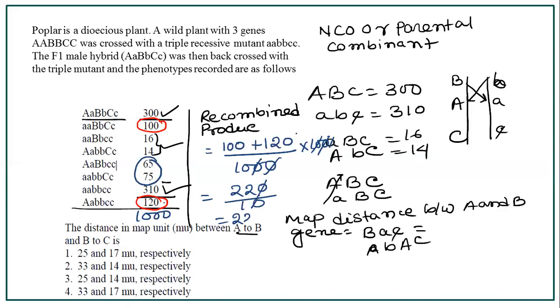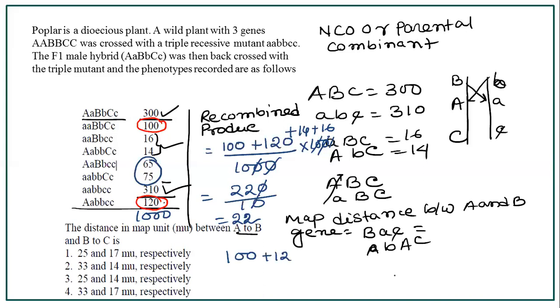Oh, you have to add also the DCO product. DCO combinations are 14 plus 16. You have to add them. If you do not add DCO, you will get 22. So you must add DCO. So 100 plus 120.